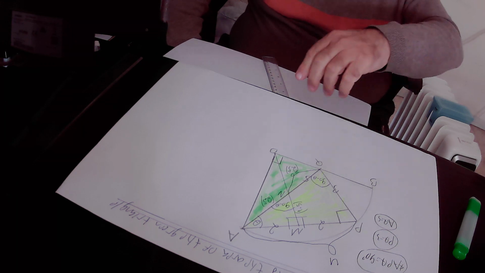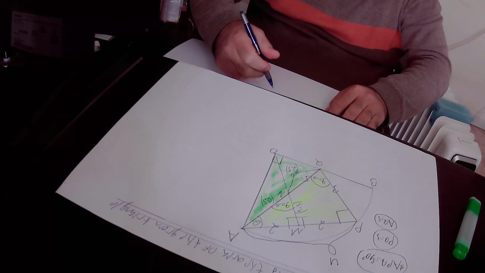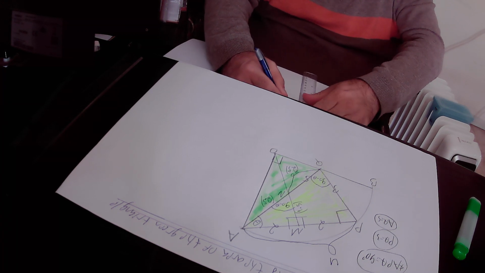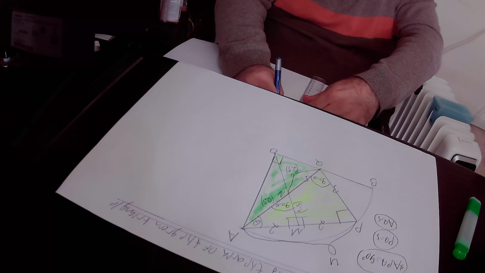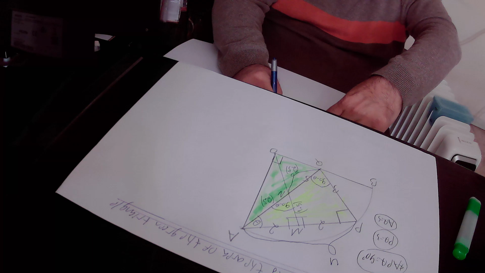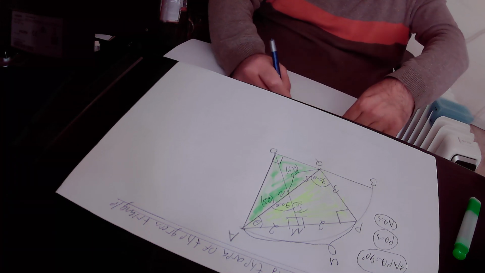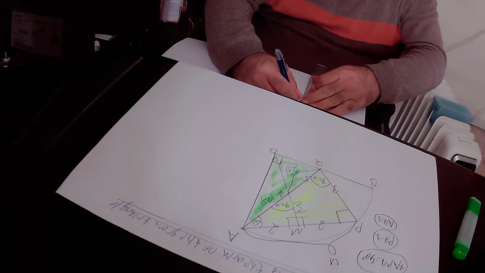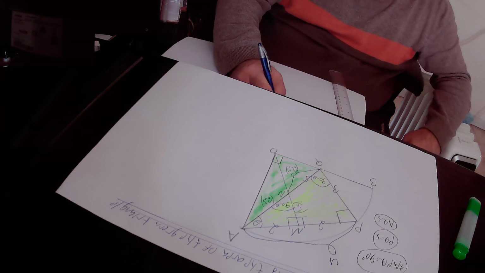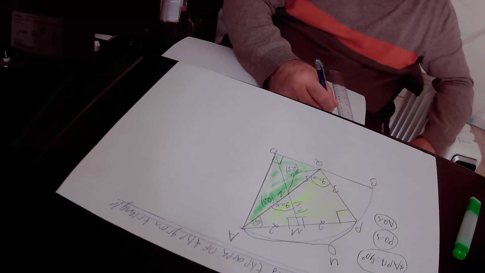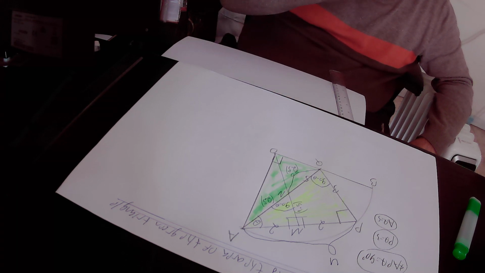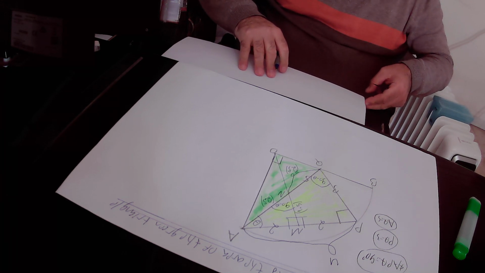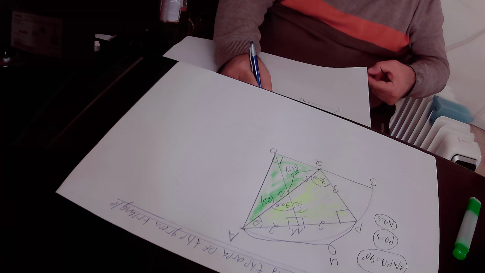So I copy this right triangle AOQ in a new page, and we'll block it by a circle.